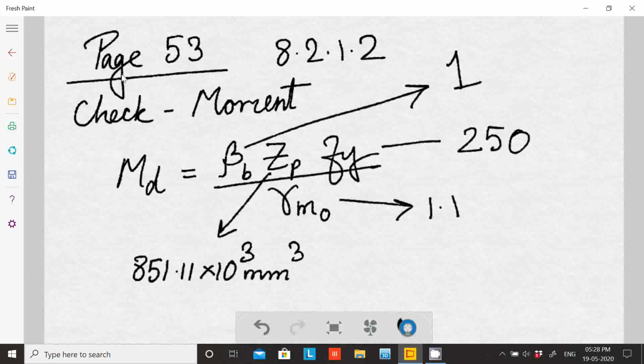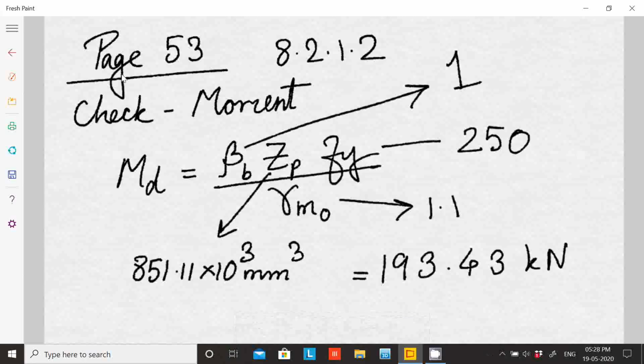When we put all these values and convert it into kilonewton meter, we get that the value is 193.43 kilonewton meter.